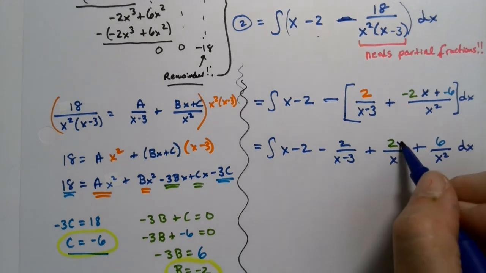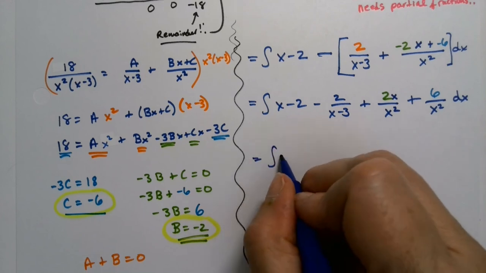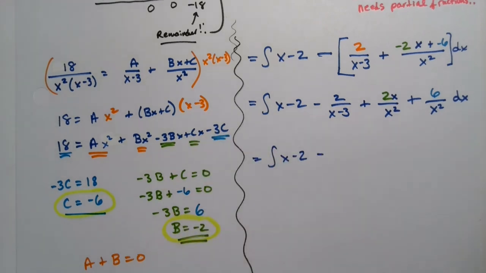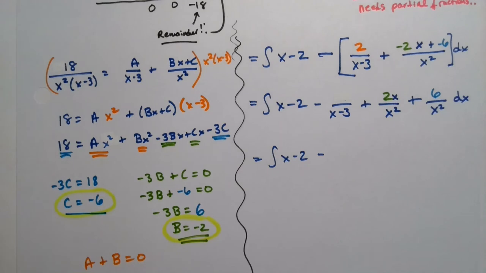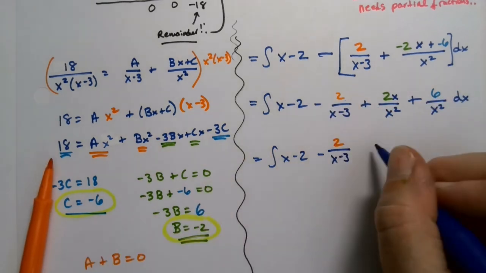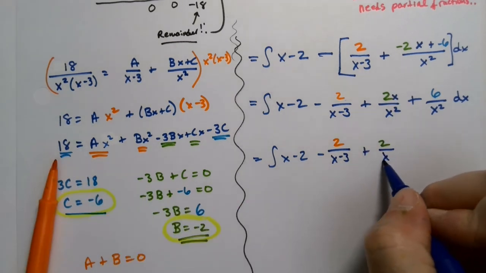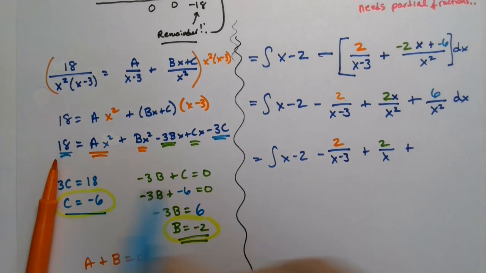If you want to take a step, you can write x over x squared and then write it again. Sorry, so it's 2 over x minus 3 plus 2 over x plus, and then this would be 6.